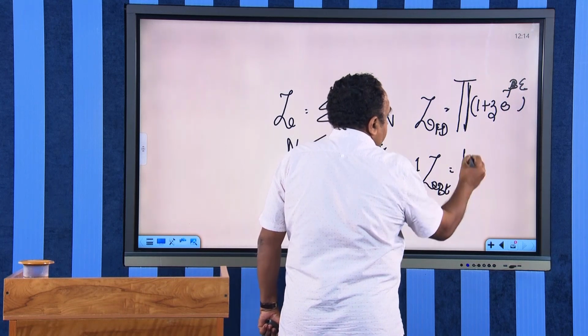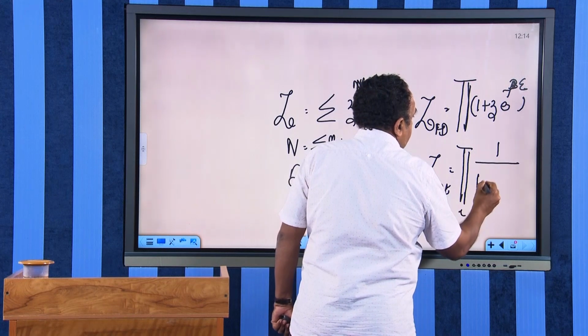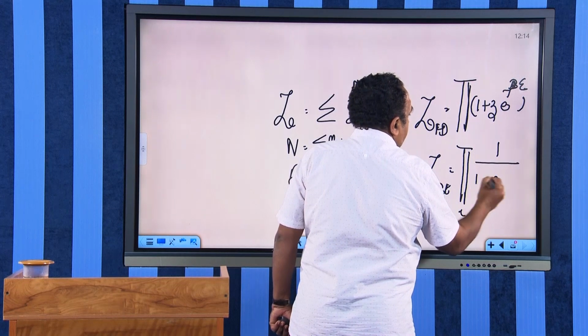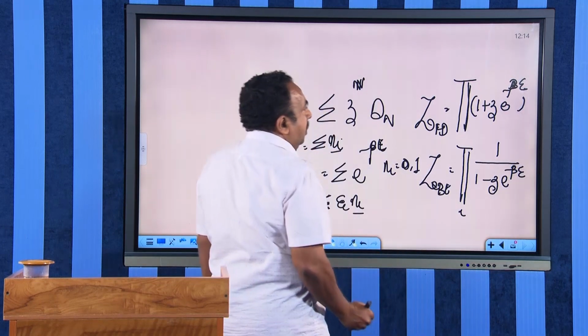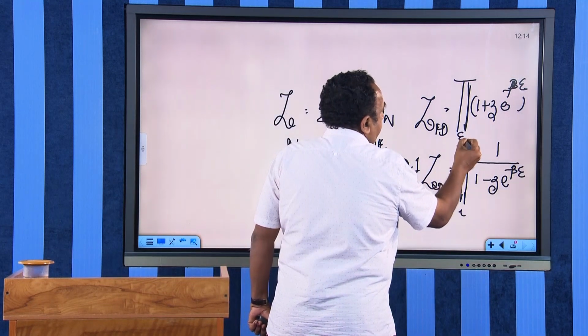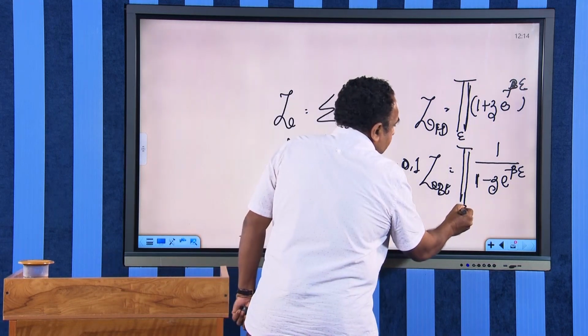And for Bose-Einstein, this will be the product of 1 minus z e raised to minus beta epsilon. This is a product over the different energy states.